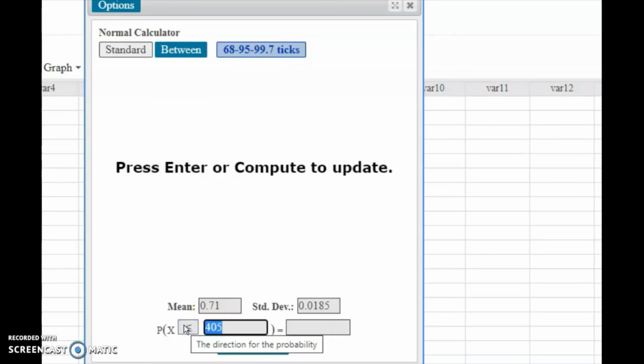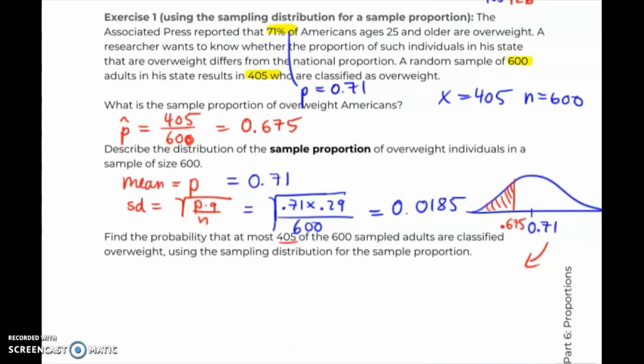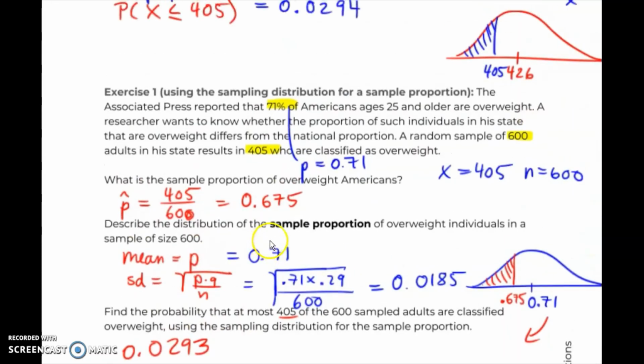And we're now looking at the area to the left of 0.675. When we compute this, we end up with a probability of 0.0293. And we can compare this with the probability we got up there, 0.0294, so you can see how close it is.